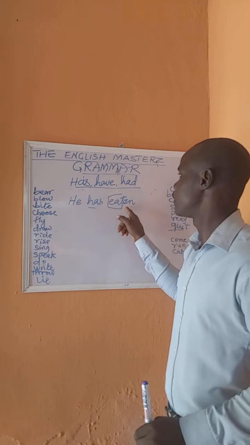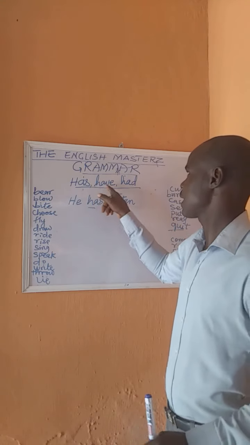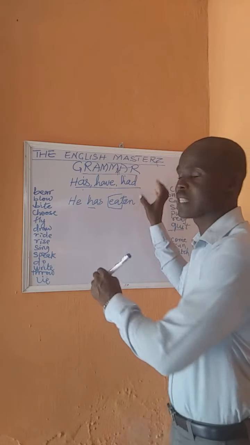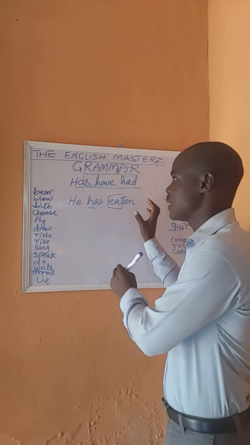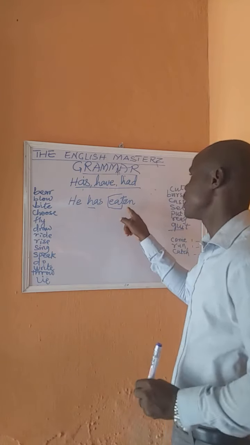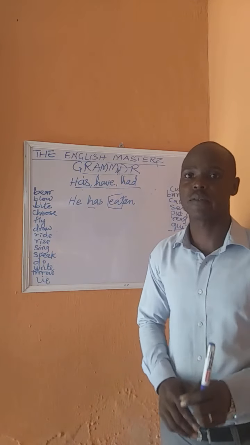Why? Because has, have, and had are auxiliary verbs, but if we're using any of them for time-keeping function, the verb that appears must be in its past participle form. Please take note of that.